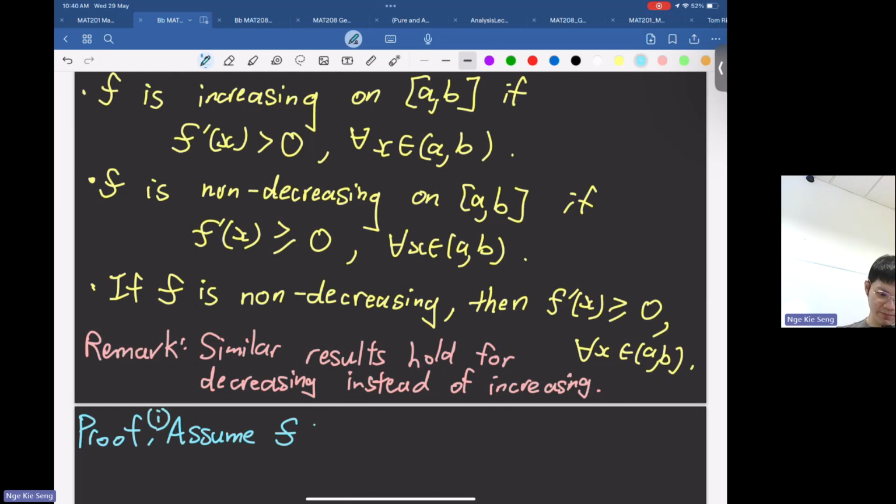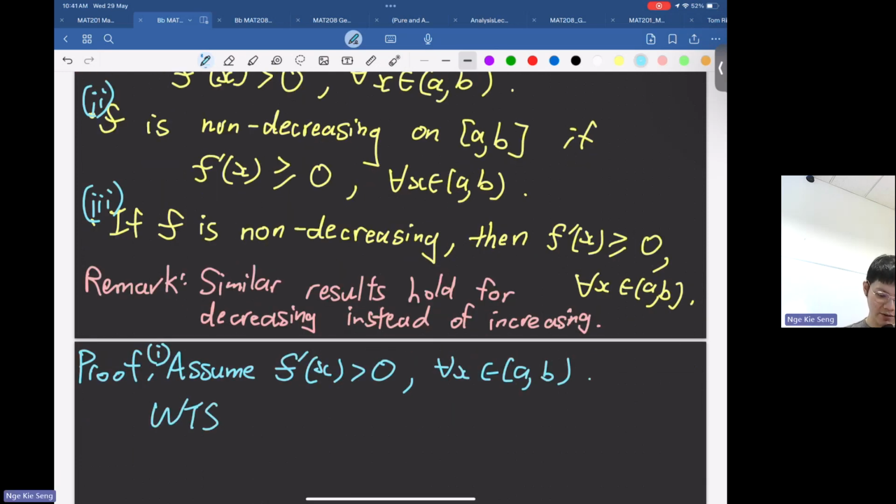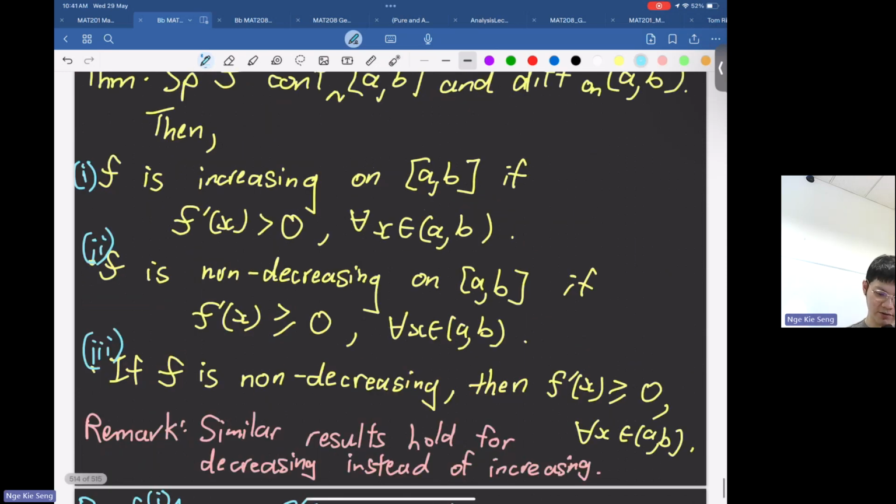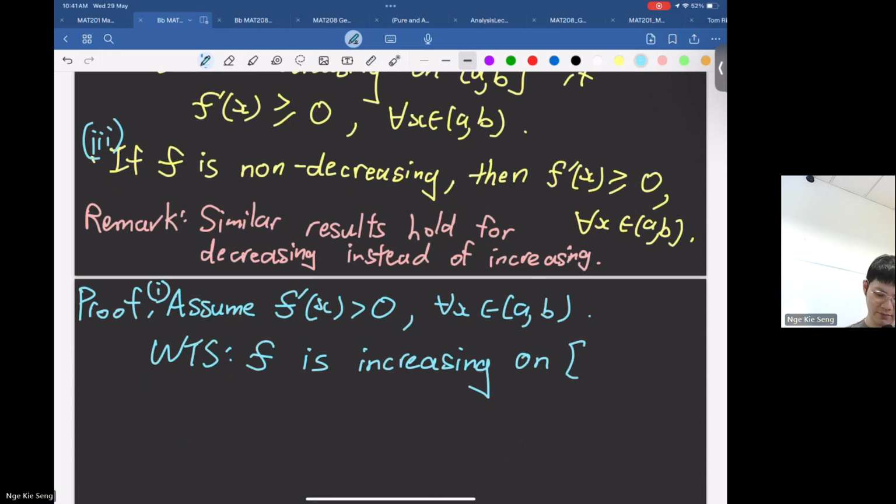So this is the first one, second one, third one. For the first one, assume f prime x is greater than 0 for all x in (a, b). What do we want to show? We want to show that f is increasing.